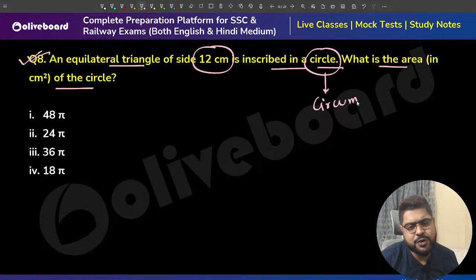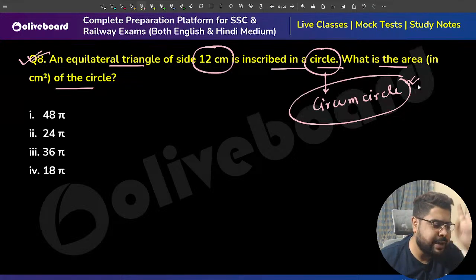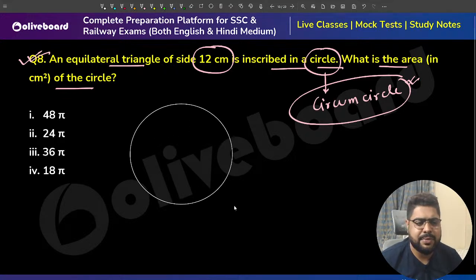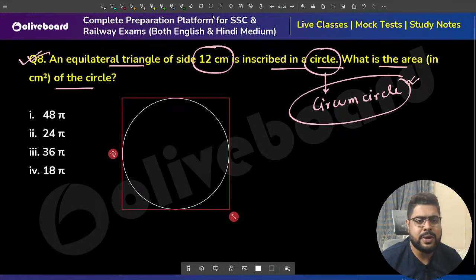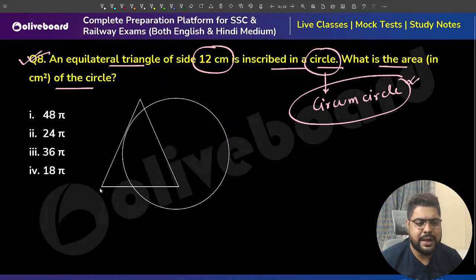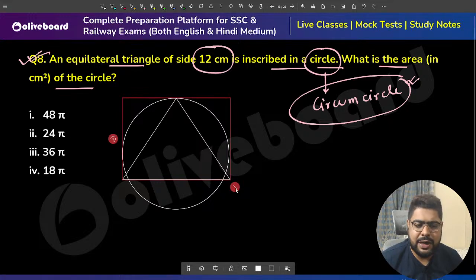Can you guys visualize this? If you are a serious candidate, you should be able to visualize this. And if you can't, that is not something to be worried about. I can definitely show you the diagram, and once you understand this, next day onwards you will be able to understand.